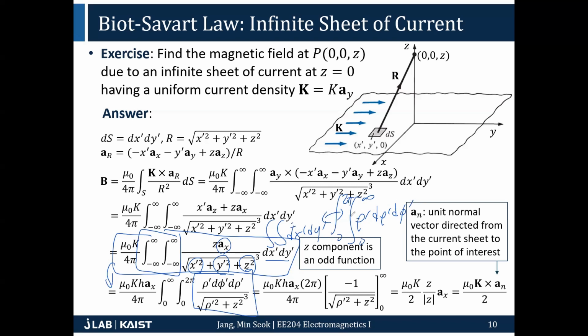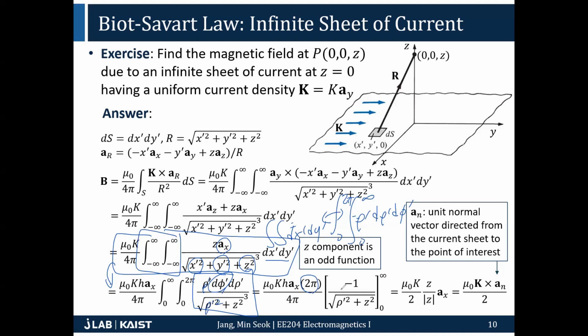These two integrations are the same, right? So you do it. Then the phi integration is just 2 pi, since there's nothing dependent on phi. And the rho integration is also easy because you have rho prime here, and rho prime squared there.